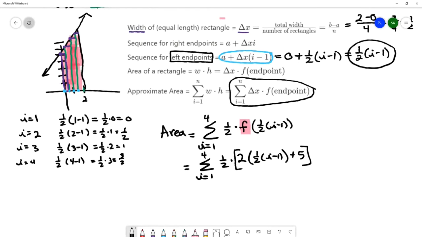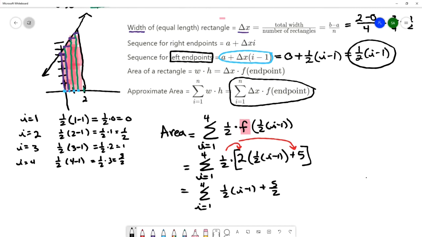And I'll do a little bit of cleanup here. I'll distribute this 1/2 to both of these terms. That's the sum of i equals 1 to 4. The 1/2 times 2 cancel each other out. And I'm left with 1/2 times i minus 1. And then 1/2 times 5 is 5 over 2. And let's clean up a little bit more. I'll distribute that 1/2.